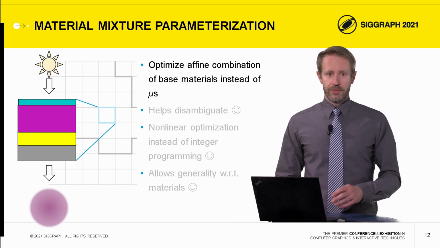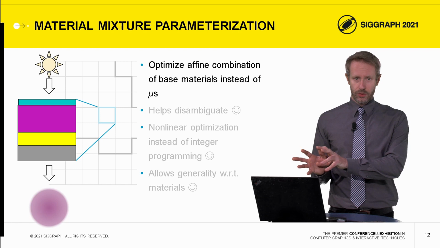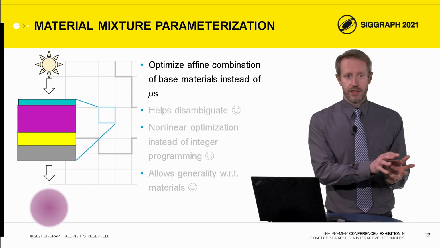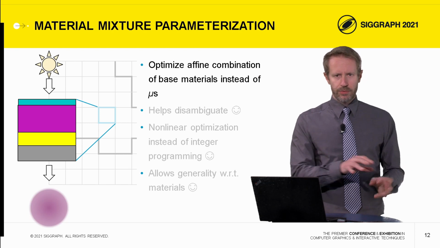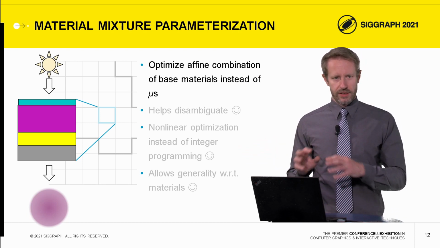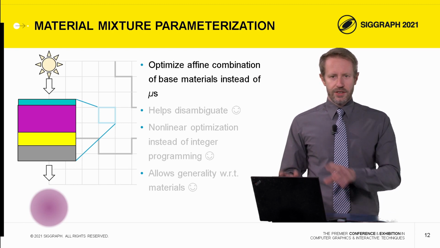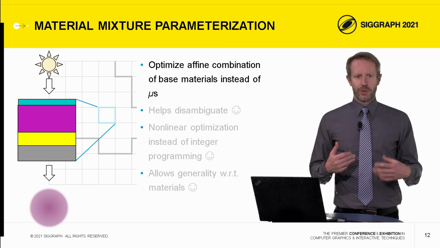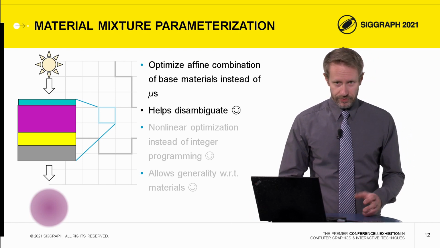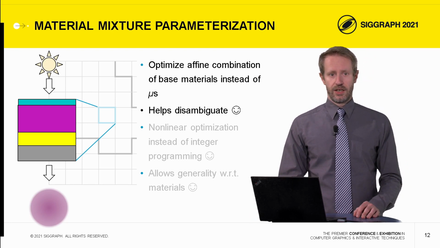Now, going from the absorption scattering space to the material mixture space also transforms the ambiguities. Remember, the ambiguities describe how different parameter combinations can result in the same measurements. And this transformation actually constrains the problem and helps the optimizer converge in spite of the non-convexity of the solution space.